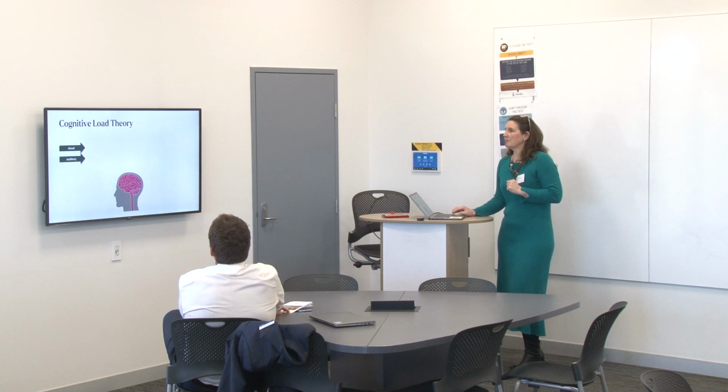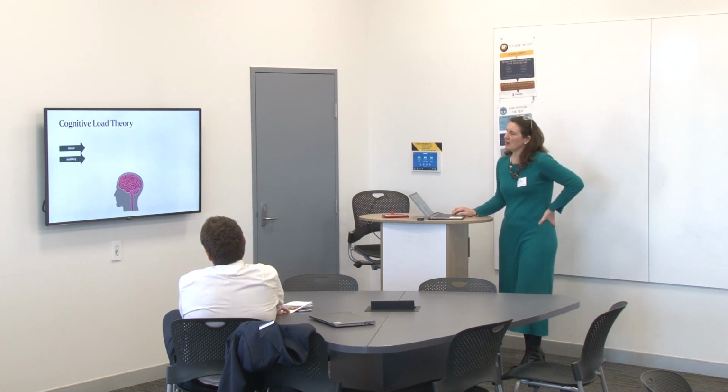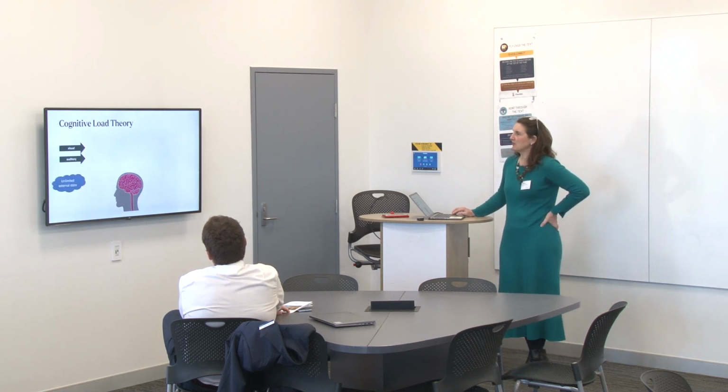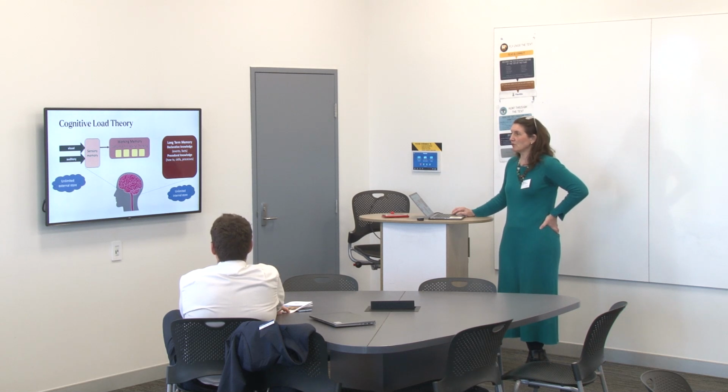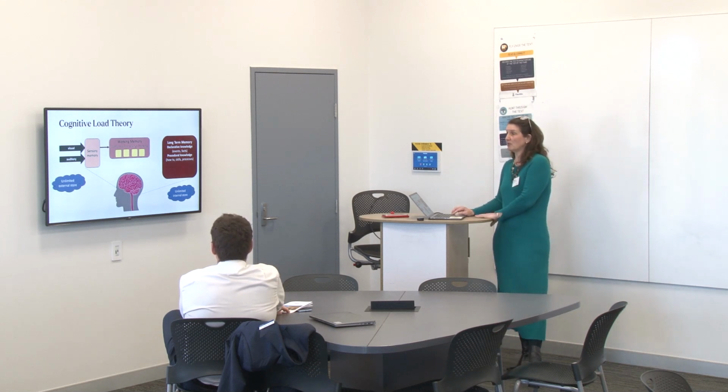We know that there's an unlimited supply of environmental information that we need to transfer into our long-term memory for storage, which is also unlimited. But in between, we have this bottleneck of working memory that can only hold and process 4 to 7 bits of information at a time.